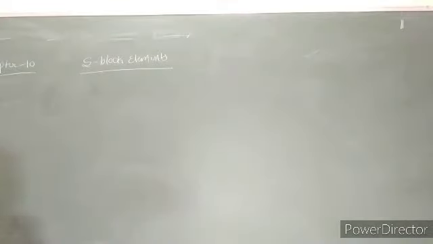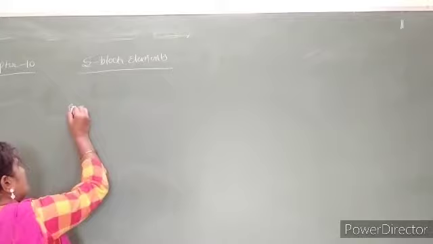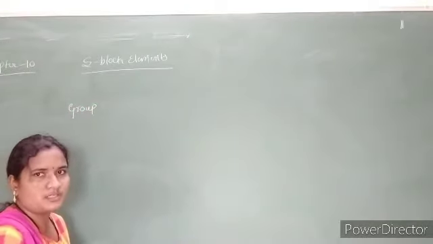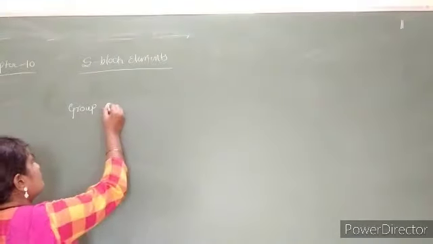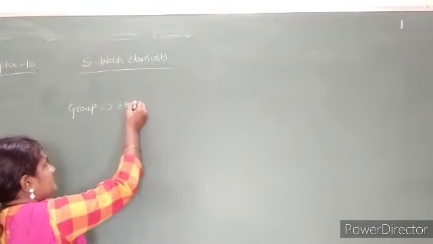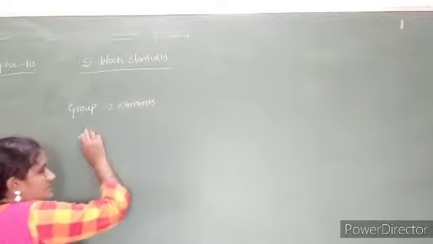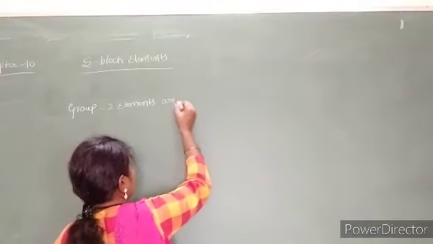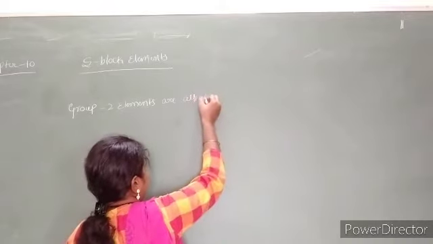So next is the group 2 elements. The s block has two groups. The first group is alkali metals, and group 2 elements are called alkaline earth metals.